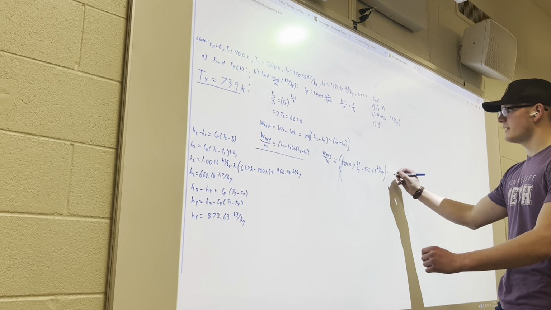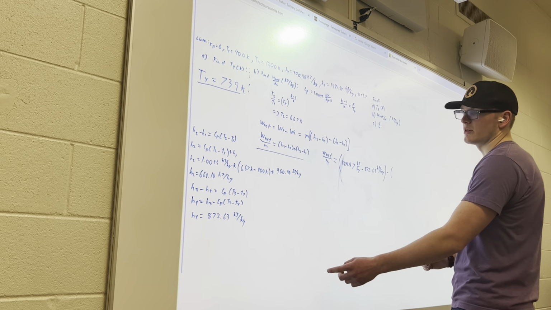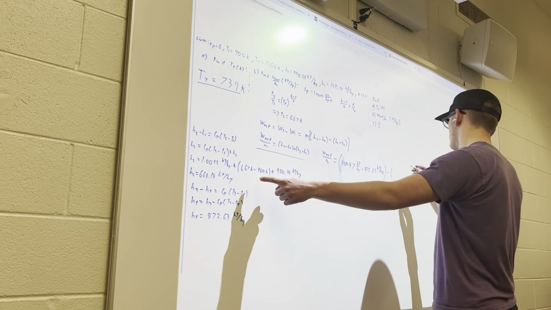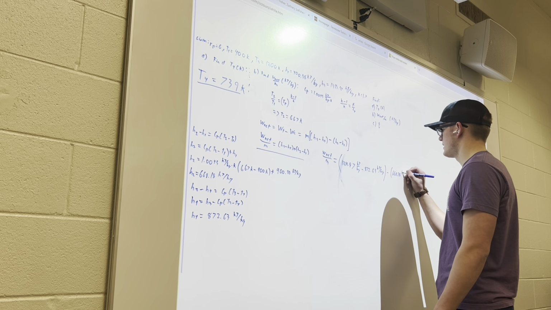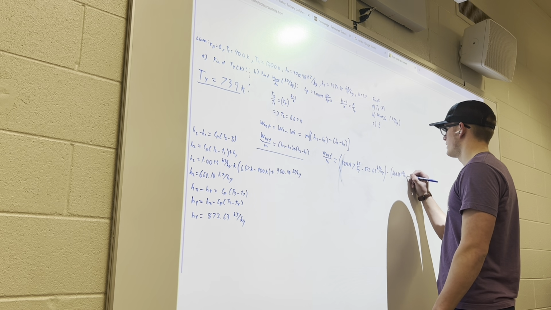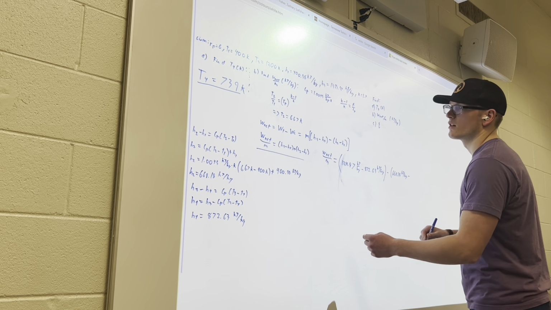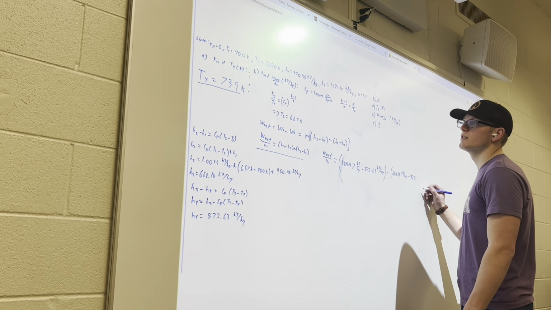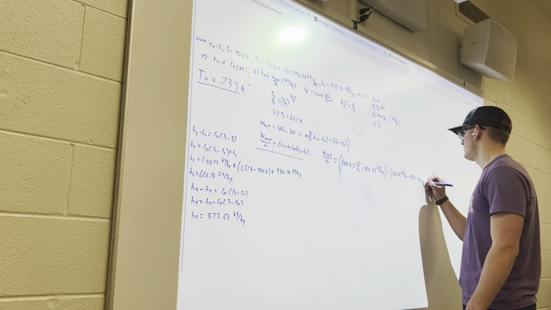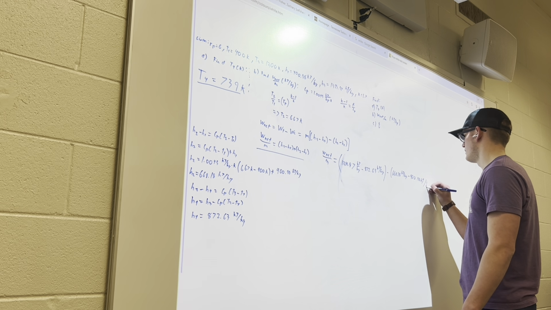That's going to be a minus our H2, which we found right up here at 669.18 kilojoules per kilogram, minus our H1, which we were given in our problem statement as 400.98 kilojoules per kilogram.